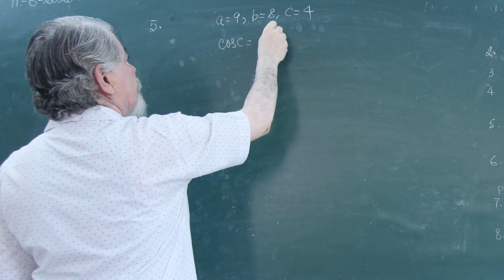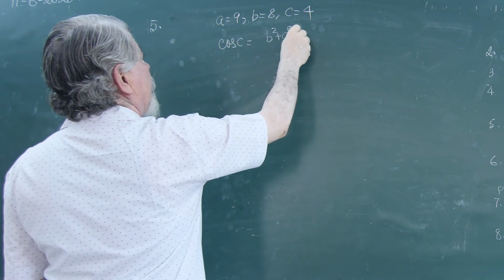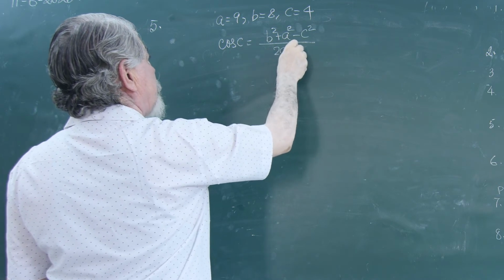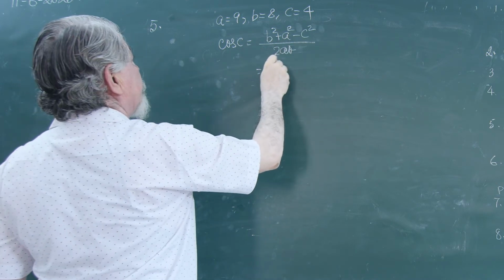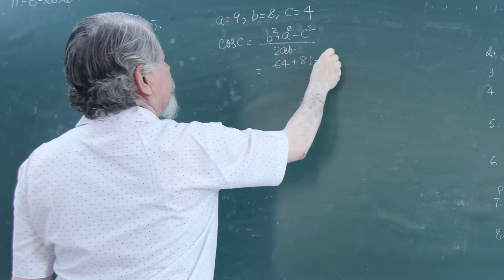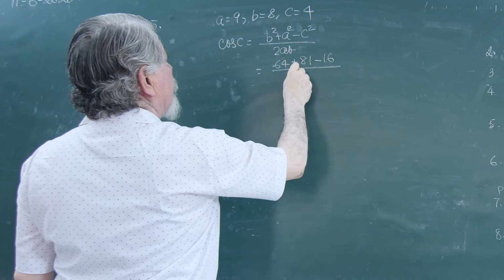Cos C will be B square plus A square minus C square upon 2AB. That will give me 64 plus 81 minus 16 upon 2AB.